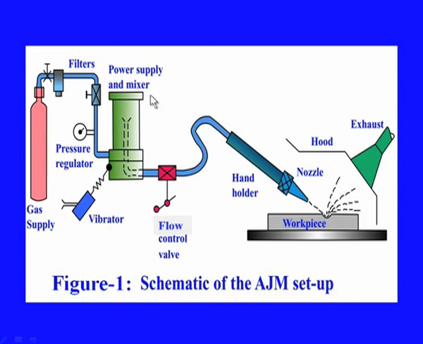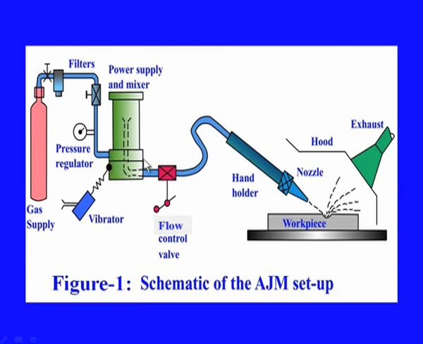Generally, tungsten carbide material is used for this chamber as well as this nozzle, which also experiences the abrading, high velocity abrasive particles flowing through it.